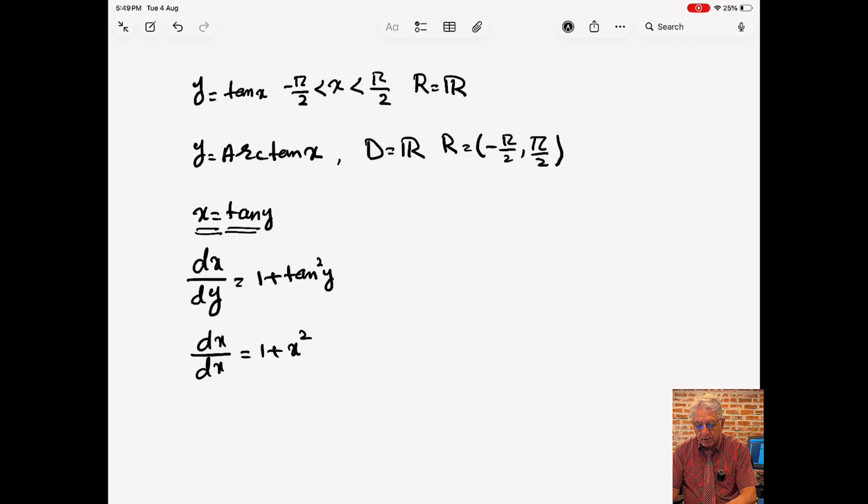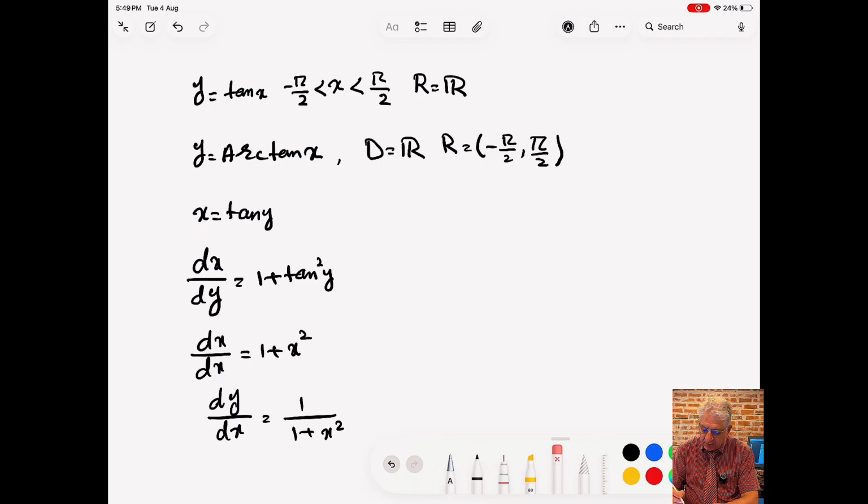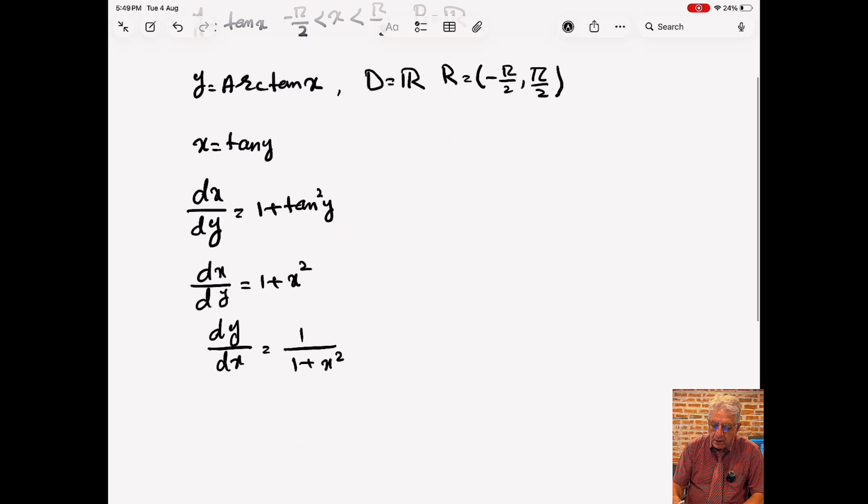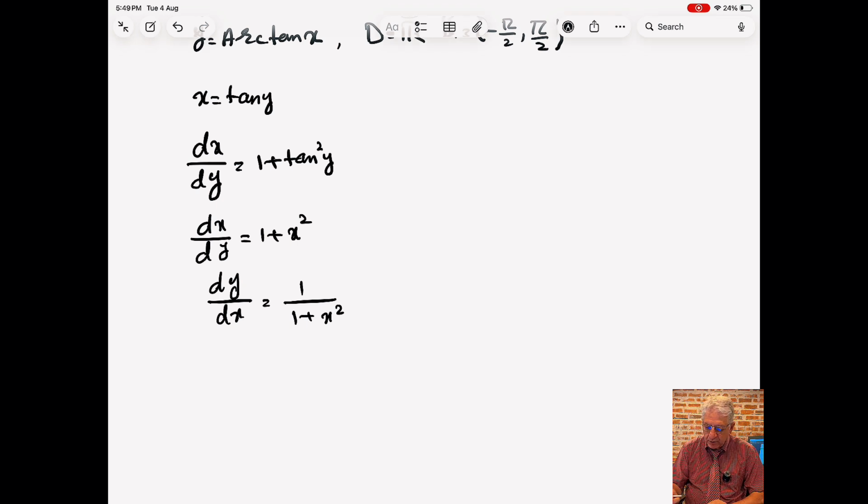Therefore dy by dx is equal to 1 over 1 plus x squared. I make these mistakes very often because I got used to writing dy over dx, then this dy should be in the denominator there. Okay, therefore this is the derivative of the function arc tan.